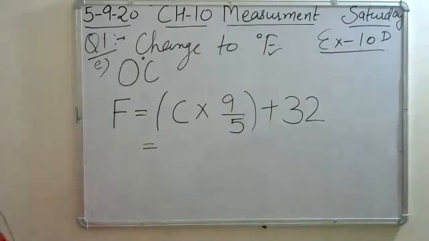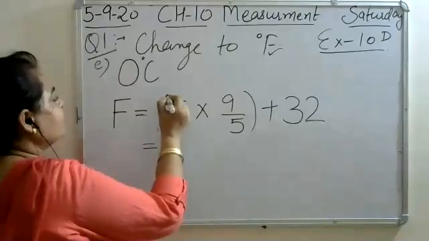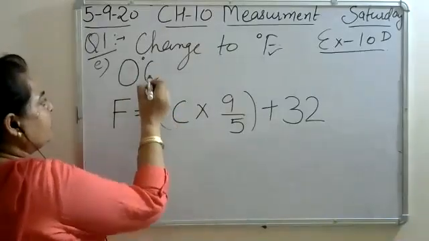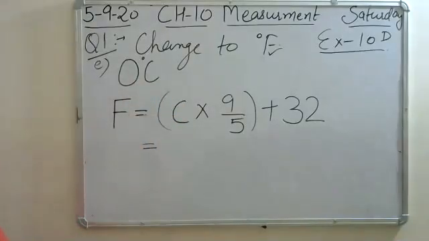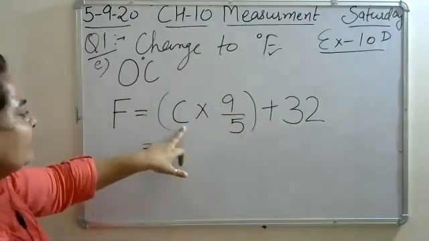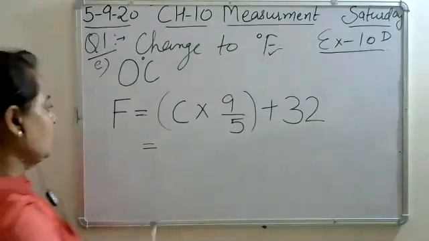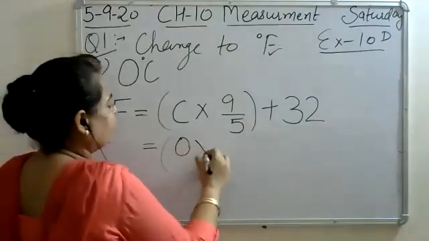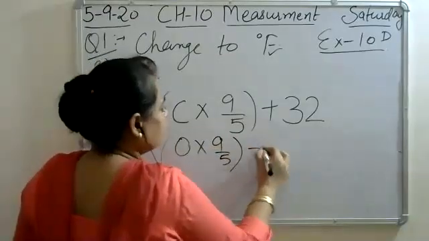Yes, ma'am. Now tell me, how can we solve this sum? 0 degree Celsius is given to you. Ma'am, we will apply the formula. Our formula is C into 9 by 5 plus 32. So in place of C, what will you write? 0. So under the bracket, 0 multiplied by 9 by 5 plus 32.